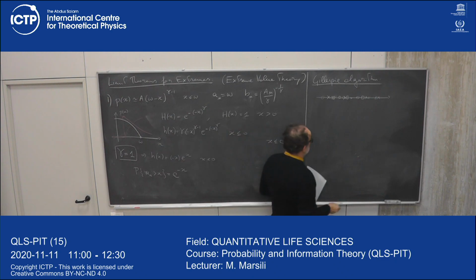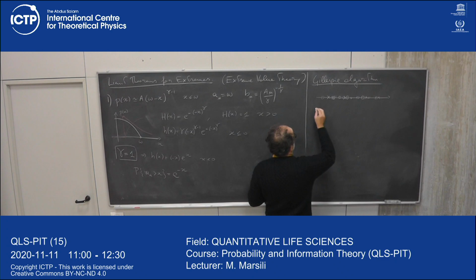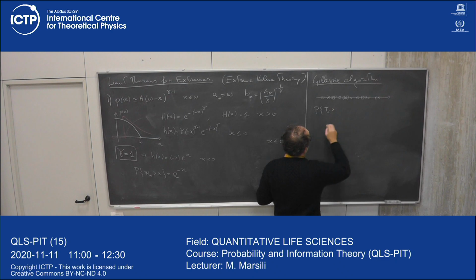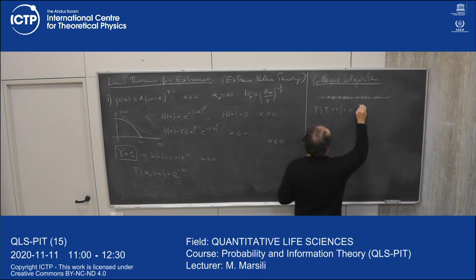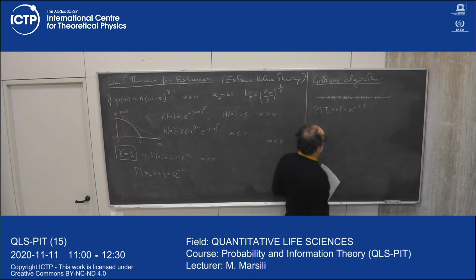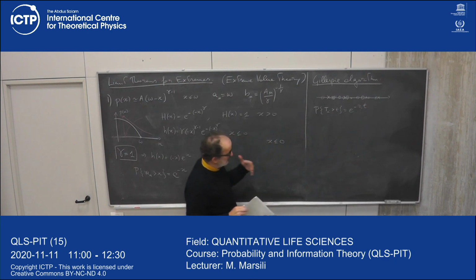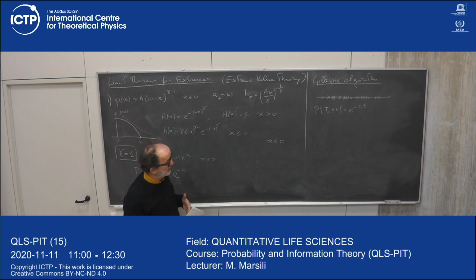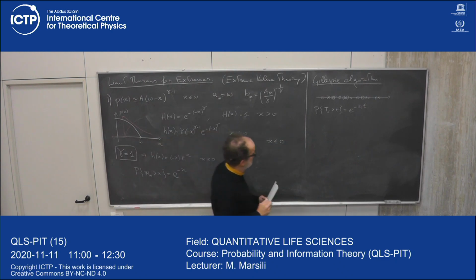Okay, and now you see each process has a waiting time, so the probability that a process i occurs, that you have to wait a waiting time which is larger than t, is e to the minus r_i times t. Okay, so the waiting time is exponentially distributed for each of these processes.